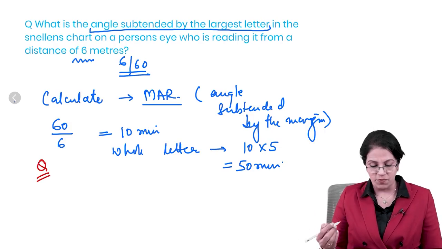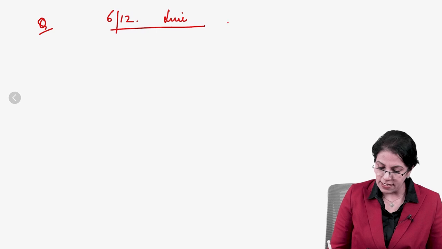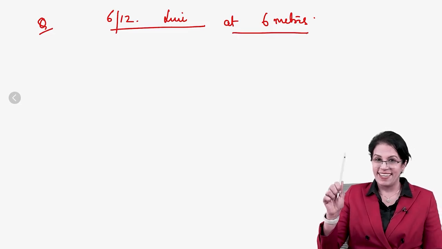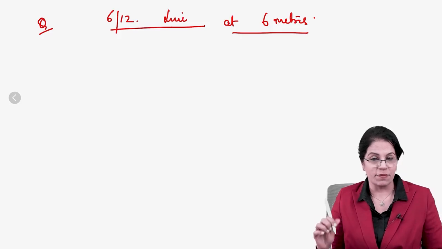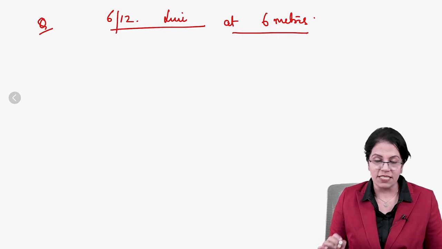Let's try one more example to be clear. Suppose I ask you, the next question I'm placing here. Tell me what is the angle subtended by the 6/12 line at 6 meters? Again, I'm repeating the same concept. When it was at 12 meters distance, this 6/12 line will subtend an angle of 5 minutes. But we are saying, what about not at 12, but at 6 meters?